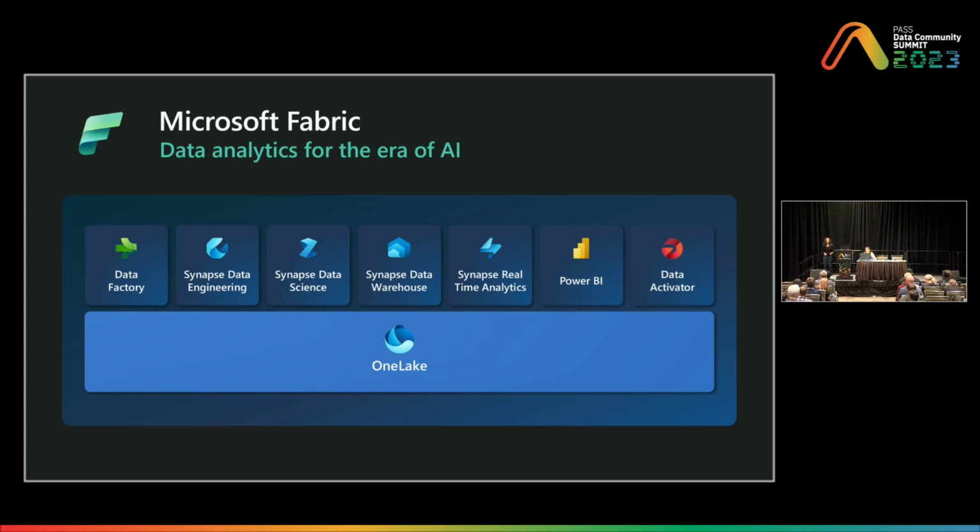Data warehousing, this is our next generation data warehousing, and we'll talk about why this is very different from other data warehouses in market and even our previous versions. Real-time analytics, we also have, as I mentioned, Power BI and also Data Activator, which is a new service that helps you think about setting thresholds and setting alerts based on what is seen in the data. So you can take business actions based on those triggers.